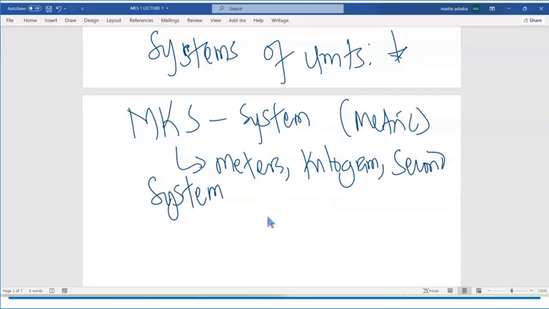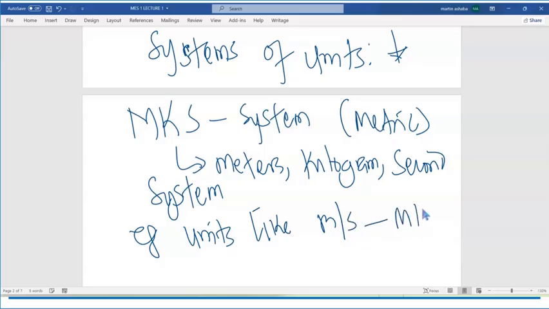So if you see units like meters per second, this is the MKS system. It's just a system of units where you represent your units in terms of meters, kilogram and second. Wherever you see those fundamental units existing, just know it is an MKS system.